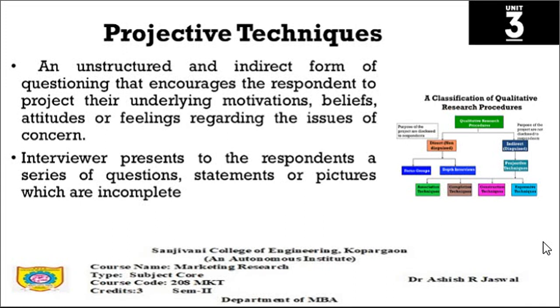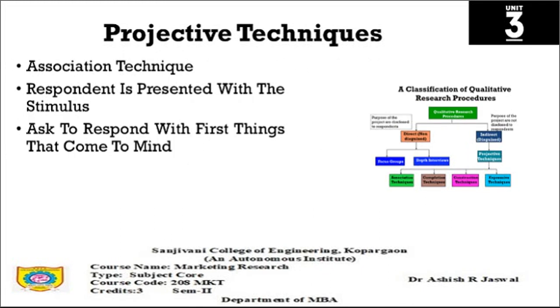The interviewer here presents to the respondent a series of questions, statements, or pictures which are incomplete, with an intention to understand their beliefs, attitudes, or feelings in context to the questions asked. Projective techniques are also termed association techniques. They're further classified into four types: association techniques, completion techniques, construction techniques, and expression techniques.